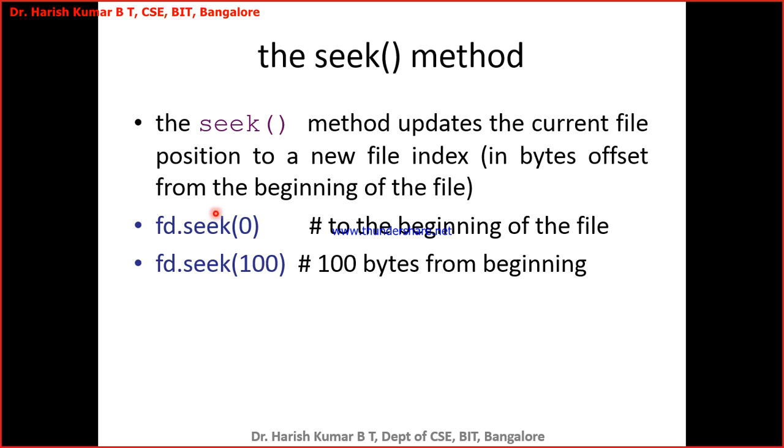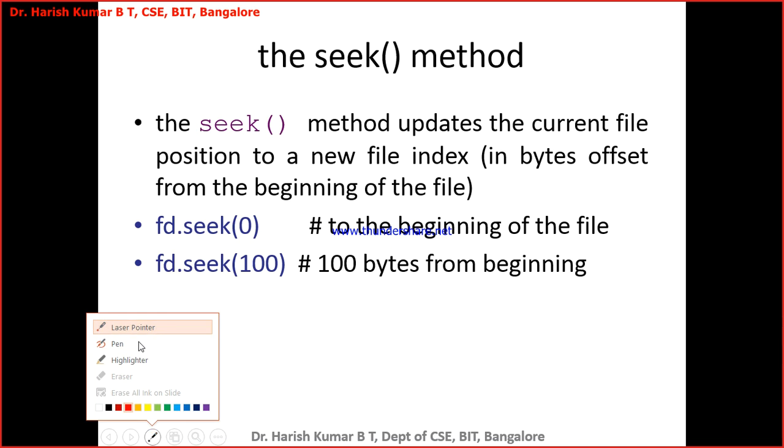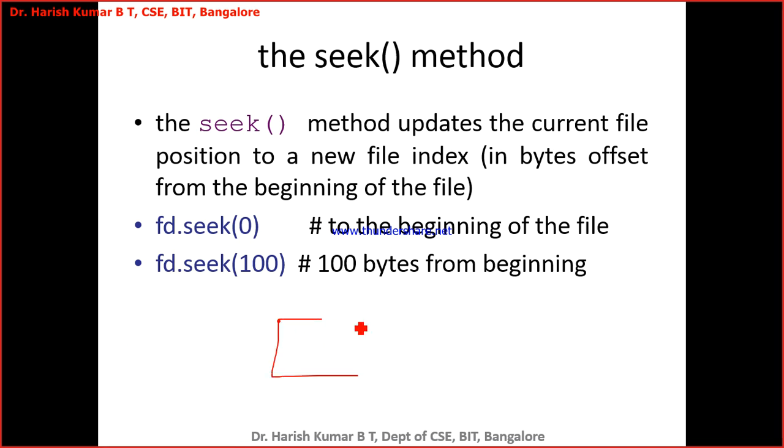Now whenever using seek, there are a few things to understand. If the current file pointer is already at the beginning, BOF, I cannot give a negative value. Let me write here, say this is my file, and the read write pointer is already here, pointing to the 0th byte, which is the beginning of the file.